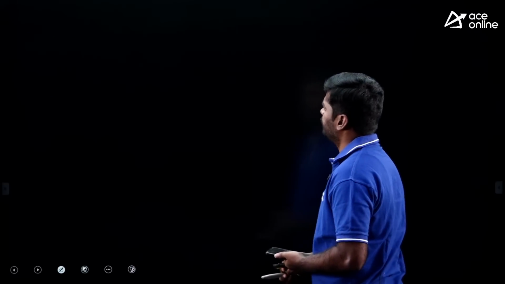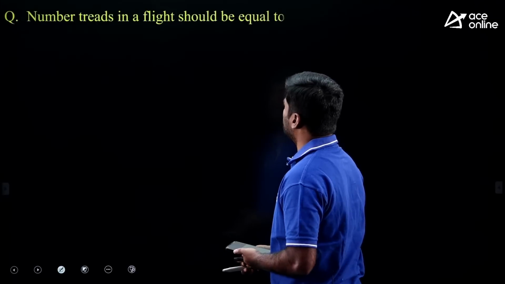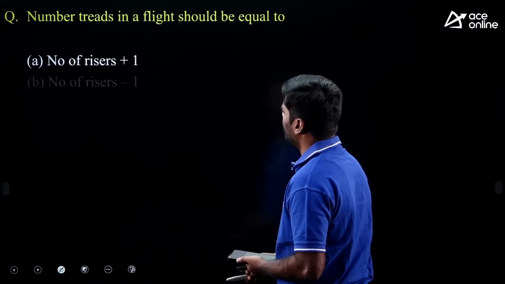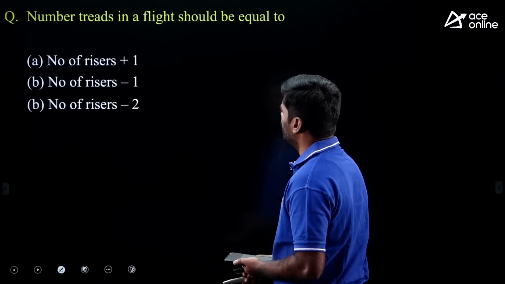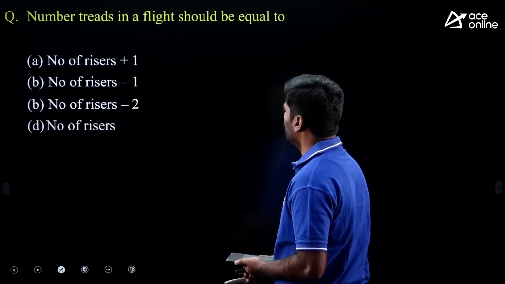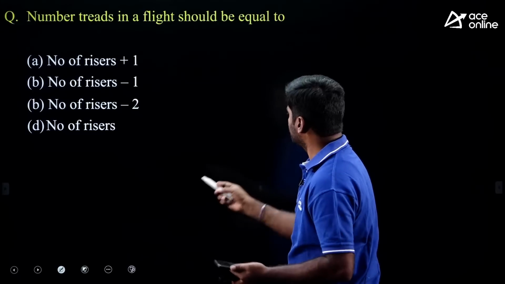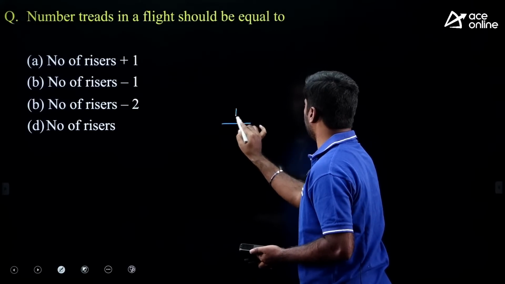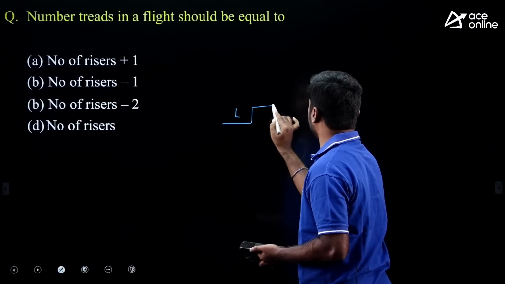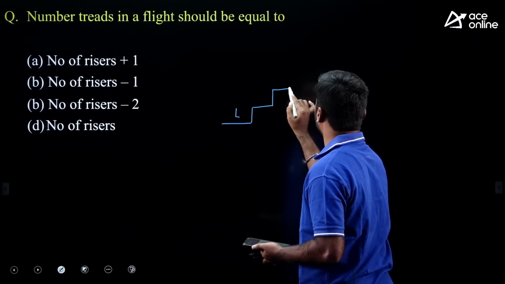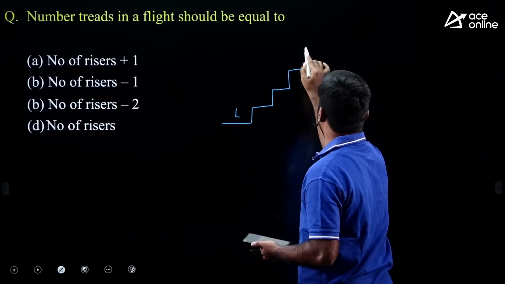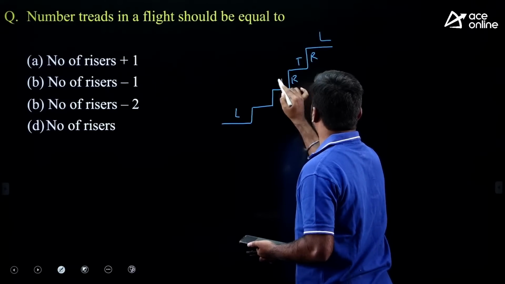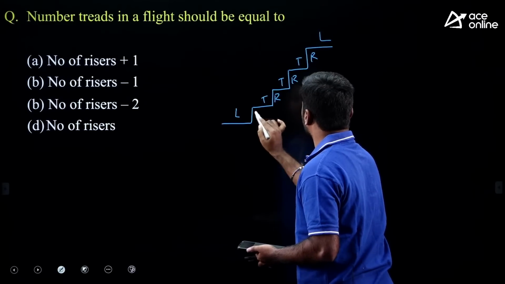The next question, number of treads in a flight should be equal to number of risers plus 1, number of risers minus 1, number of risers minus 2, exactly equal to number of risers. For easy understanding, it is the landing slab, riser, tread, riser, tread, riser, tread, riser, landing, riser, tread, riser, tread, riser, tread, riser.